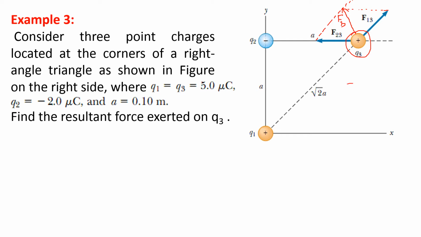Then this force on charge Q3, geometrically as a vector quantity, is equal to the force on charge Q3 due to charge 1, or we can use this notation in this book, the force that charge Q1 exerts on charge Q3 plus the force that charge Q2 exerts on charge Q3.